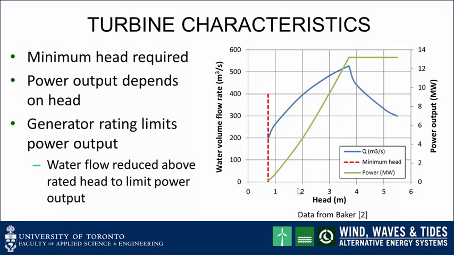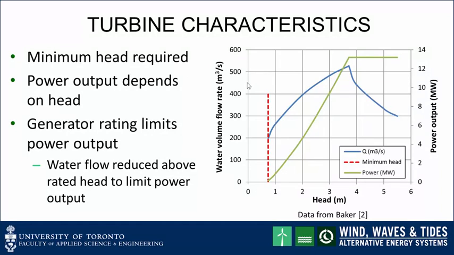So you can see that this particular turbine develops its rated power at 3.7 meters head, and at heads higher than that level, it's necessary to decrease the water flow rate to prevent overpowering the electrical generator, right? So the power is limited once it reaches the generator capacity, basically.